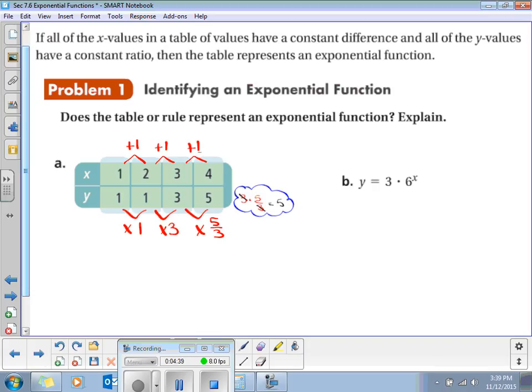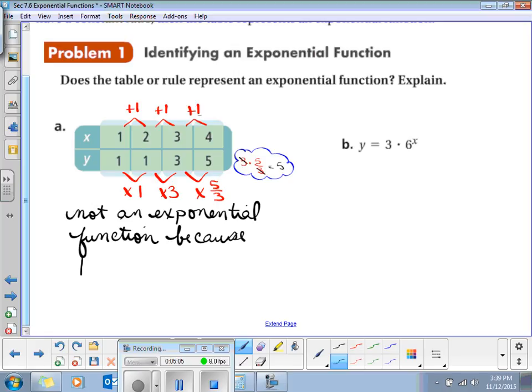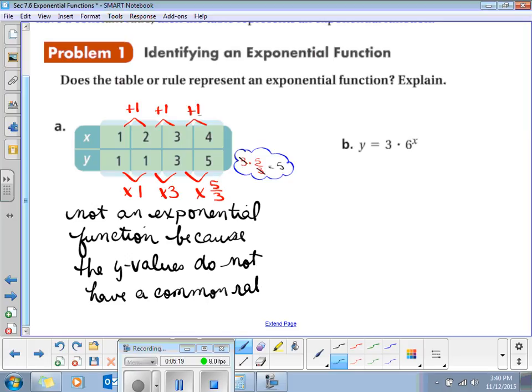So is this an exponential function? This is not an exponential function. Very good. Not an exponential function, because the y values do not have a constant ratio.